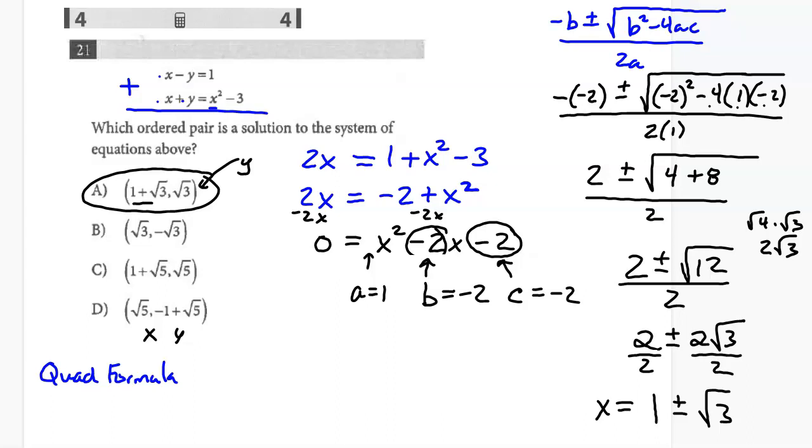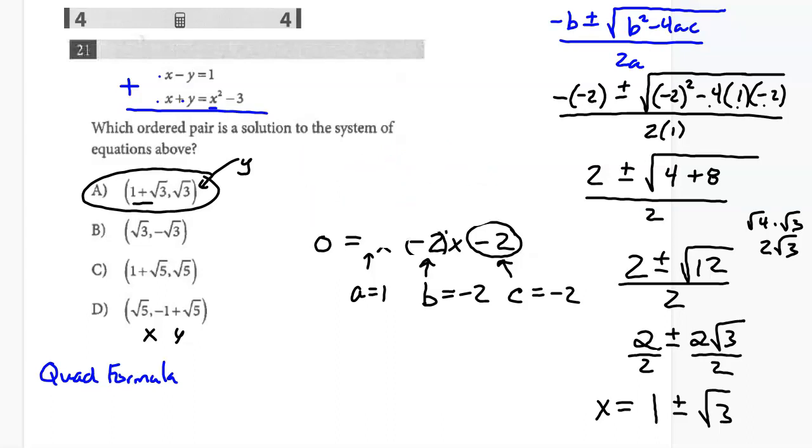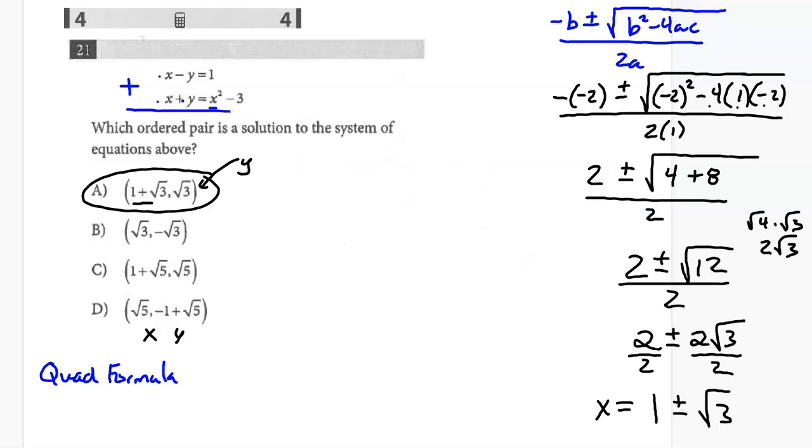Another way to get started would be, instead of using elimination, some people may have chosen to use substitution right here. For instance, if you add this y to the other side and take away the 1, you would get x take away 1 equals y.